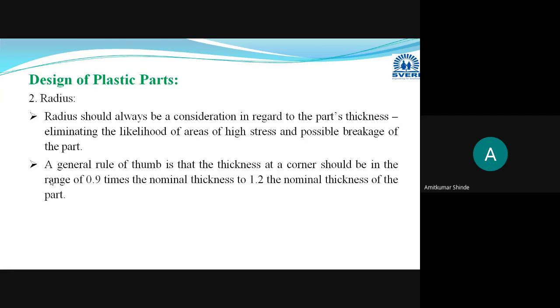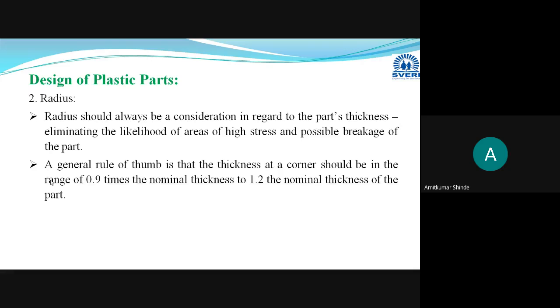So the next point is the radius. Okay, while designing any plastic part, for each point we will have a brief discussion later. We are going to do the brief discussion of all these points: the design of the radius or corners, then minimum wall thickness, design of undercuts.